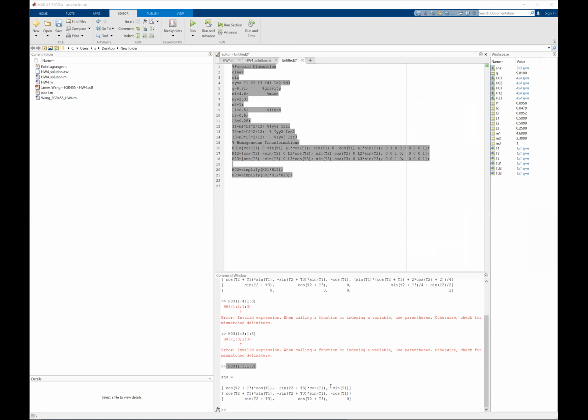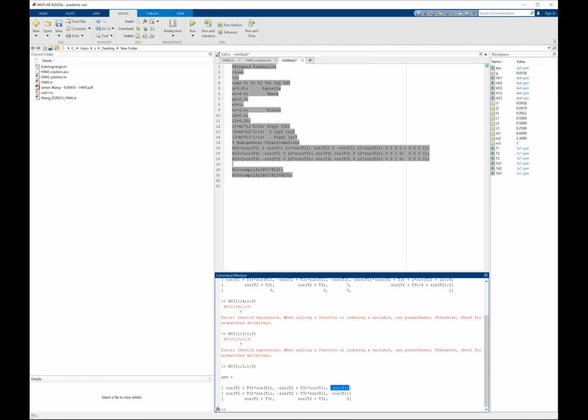You will notice that the last column has sine T1 and cosine T1. So you will know the orientation of the end effector. This value will be given to you. Since you know this value, you can find out the tan equation or sine equation and find out the value of theta 1.